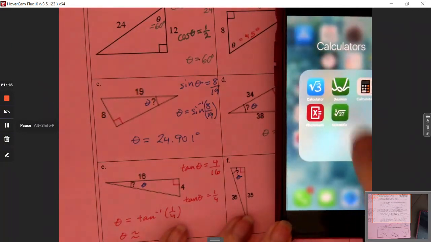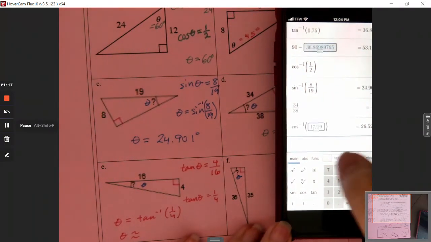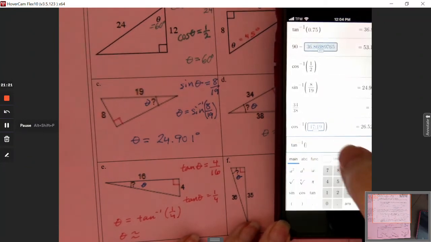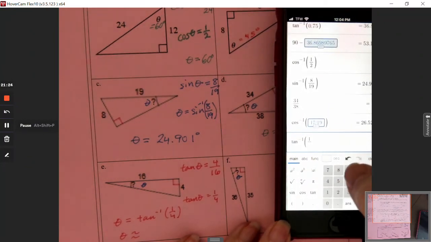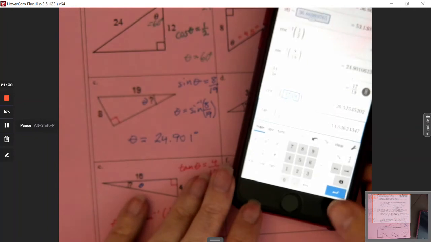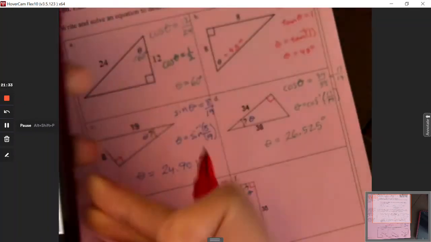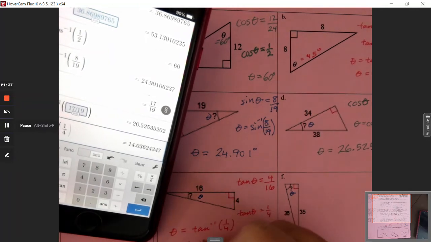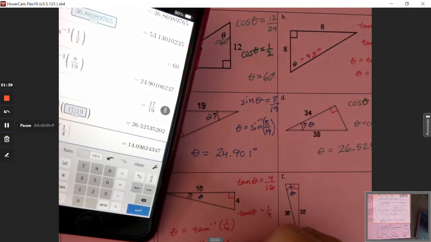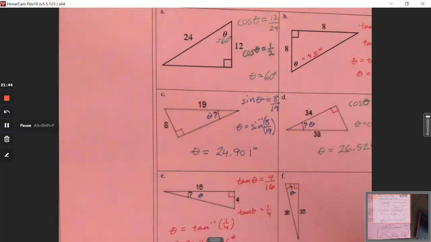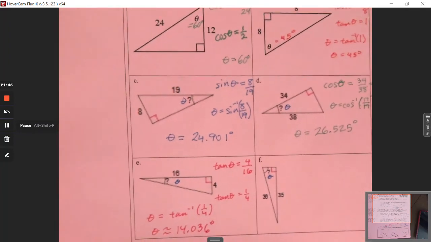Okay. And last but not least, sine, cosine, or tangent? Yes, this is sine of theta equals 35 over 36, which cannot be simplified. So theta equals sine inverse of 35 over 36.